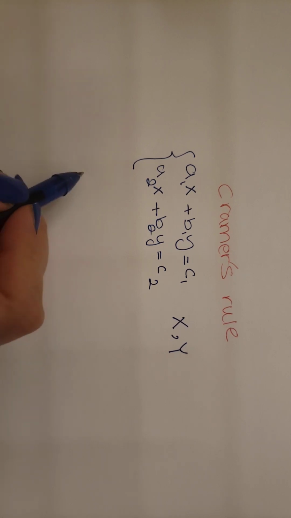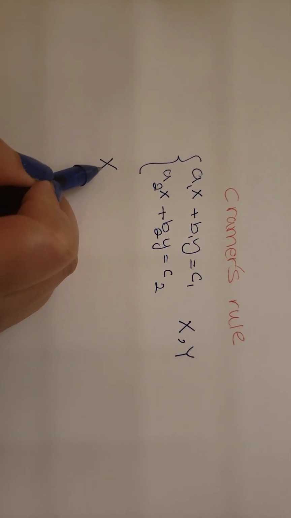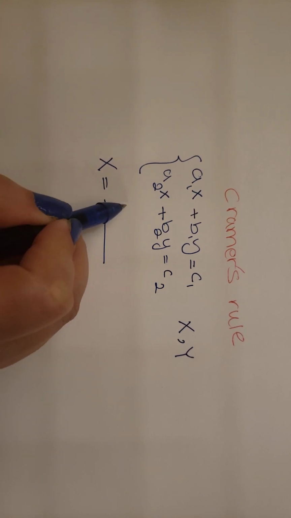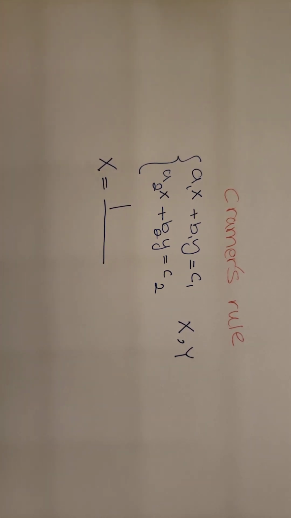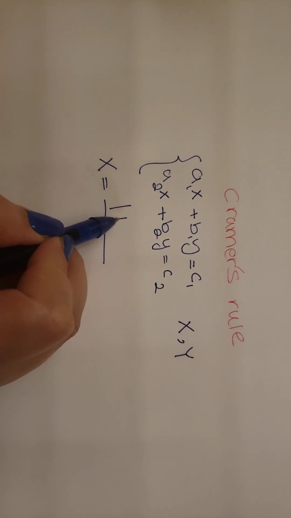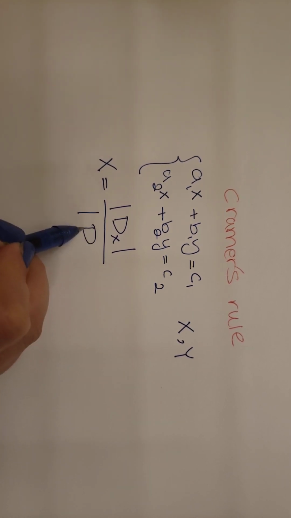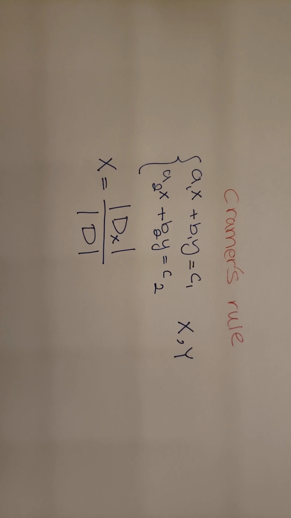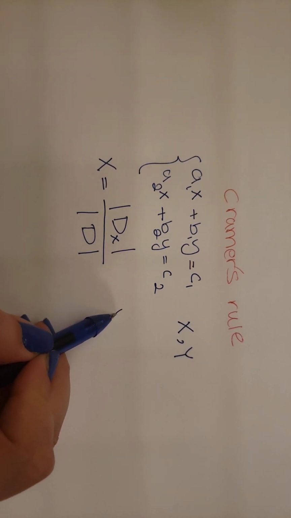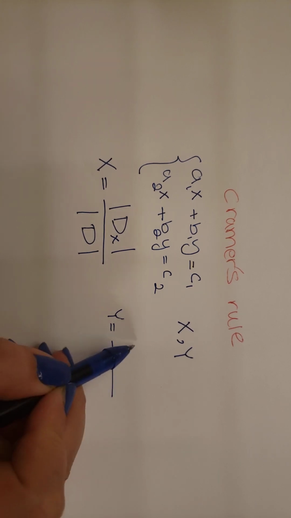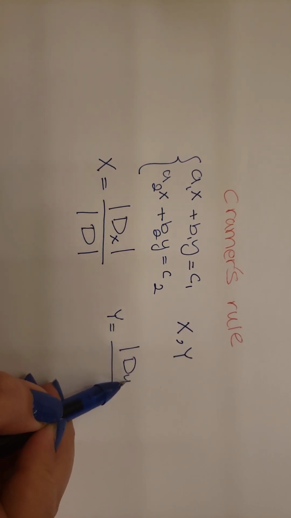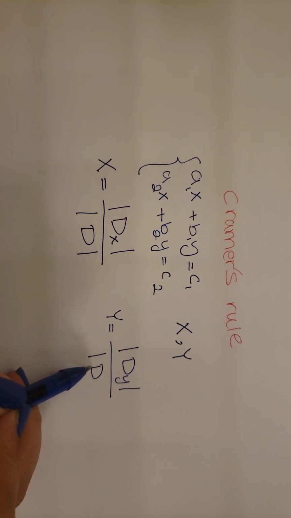In order to find the value of x, first we have to calculate the determinant of x over the determinant d, okay? Then I will define what dx and d are for you. And y would be the determinant of y over d.